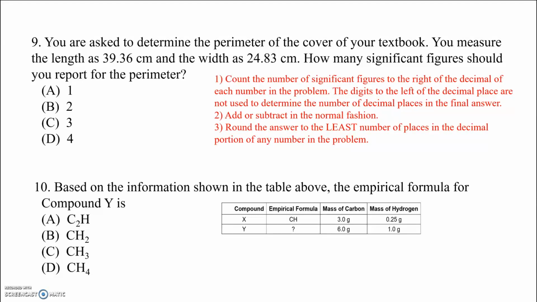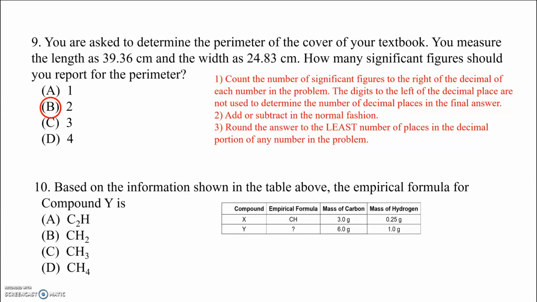We add the numbers just like I would in the third grade, and I get an answer, and then I round the answer to the least number of places in the decimal portion, which is the number to the right of the decimal. The part of the problem that has the least number of digits to the right of the decimal, and of course that's going to be 2 because they both are 2.